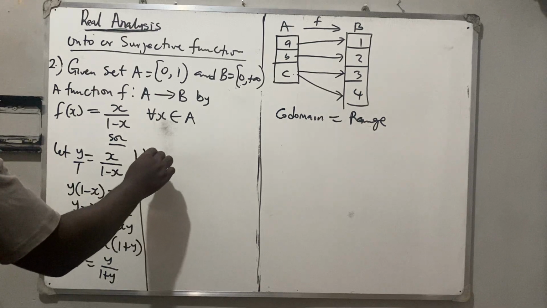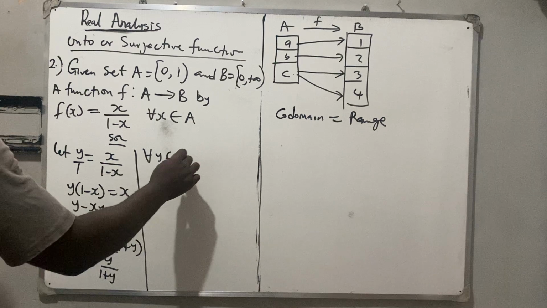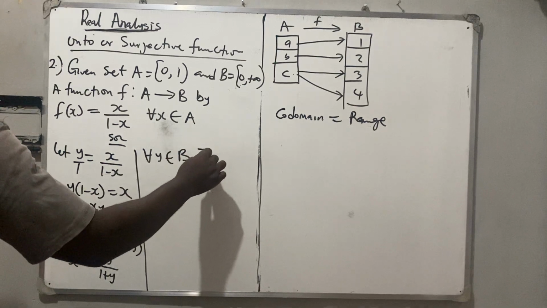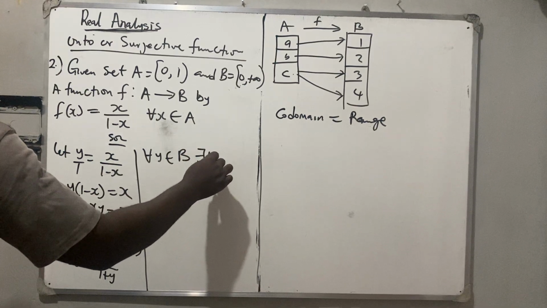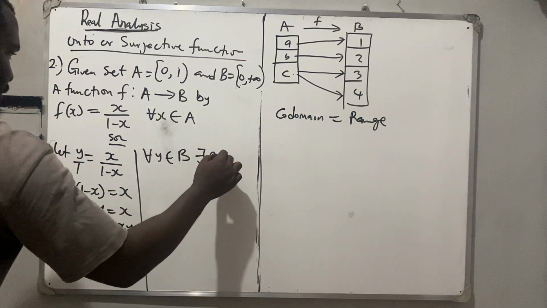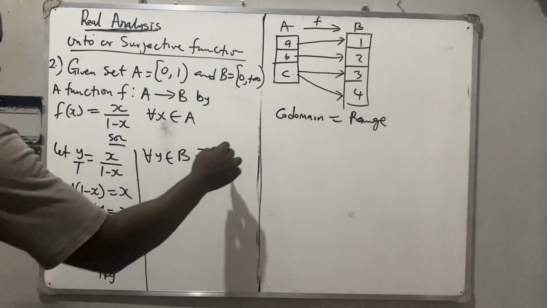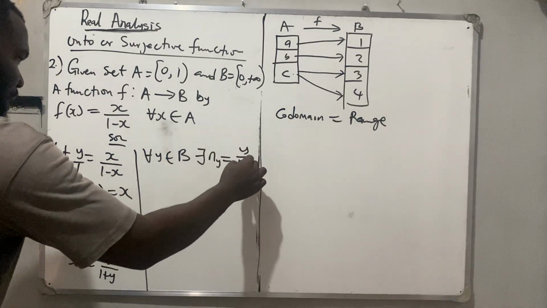Okay? So with this now, we observe that for any y that I pick in B, there exists, let me call it n of y, I like n of y, which is equal to what we have gotten. When I equated it to y, I got y over 1 plus y.